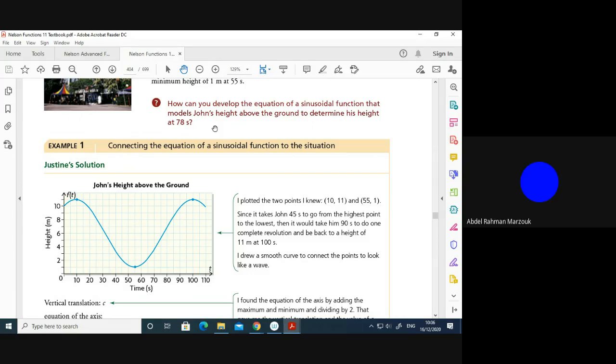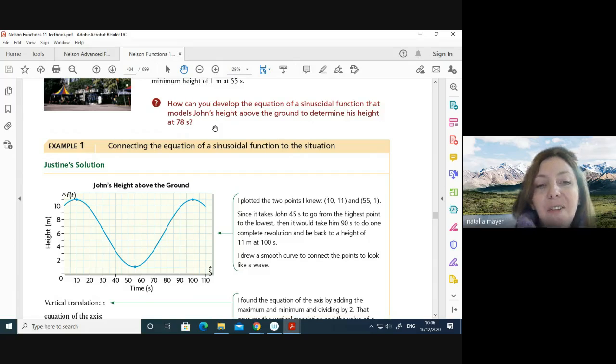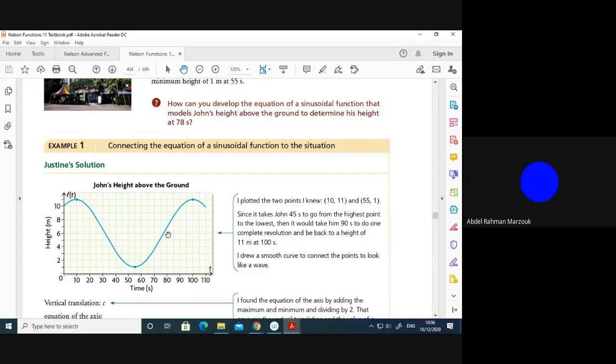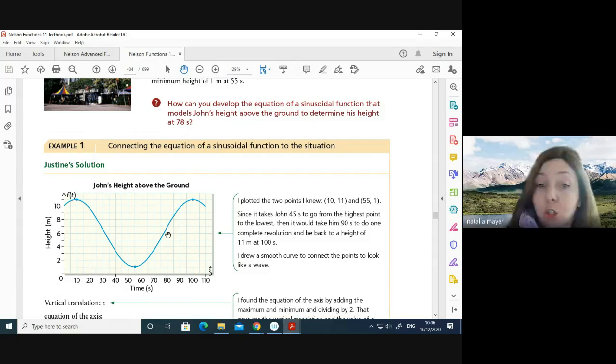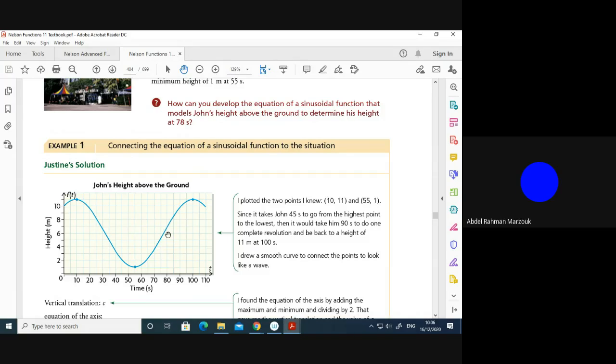Yes, Abdurrahman, I was going to suggest that as well. Or we can look at the graph and see where it intersects. Well, a graph is not a very good idea. It's not going to be accurate. So what should we do instead? Substitute it in the equation and it'll give us the answer.